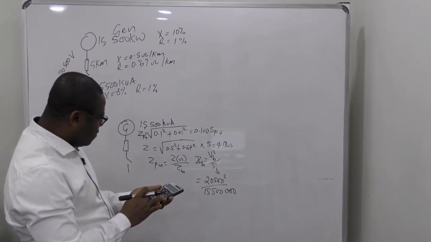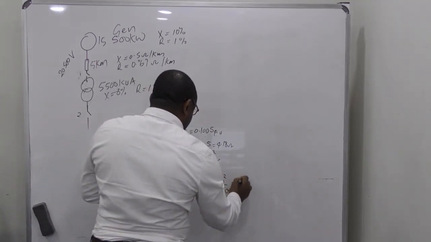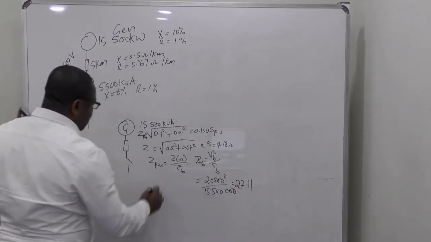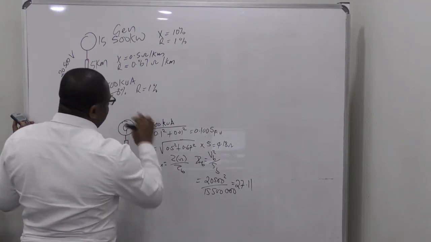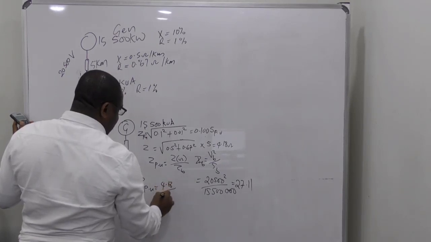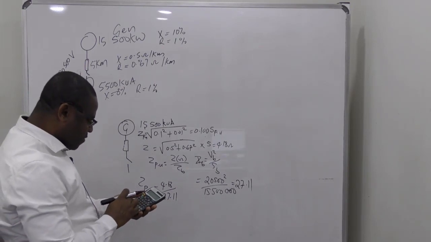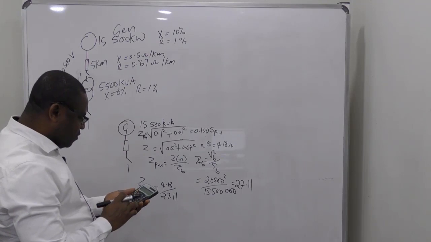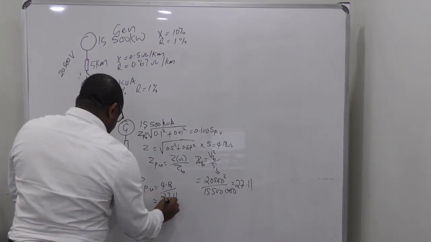So we get 27.11. That means our Z in per unit will be 4.18 over 27.11. That gives you 0.154.